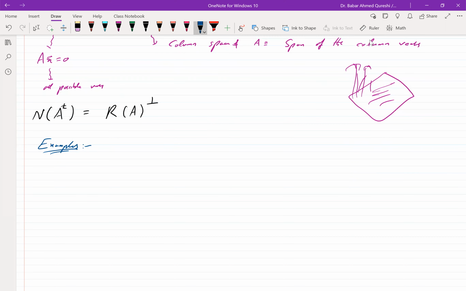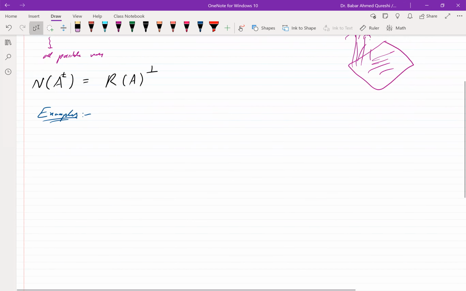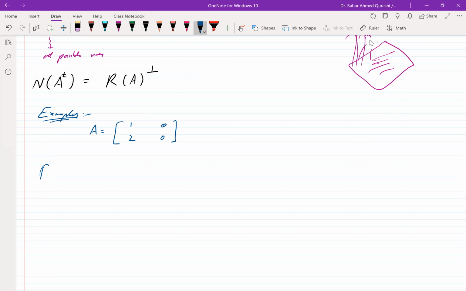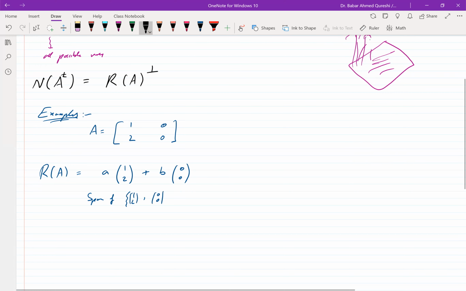So whatever is convenient, you can do that, and the other one you can conclude from this theorem. These examples will also give us a bit more practice of how to compute these column spaces and null spaces. So let's take this matrix and let's compute its column space. It's just the arbitrary linear combinations, so that's the span of these two vectors, the vectors which form its columns.